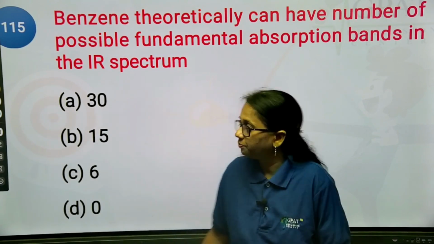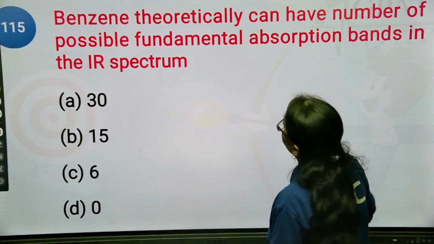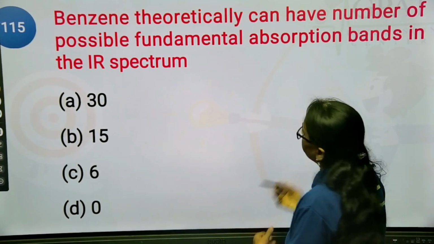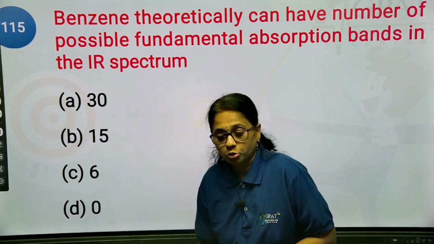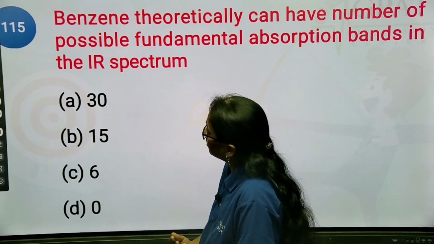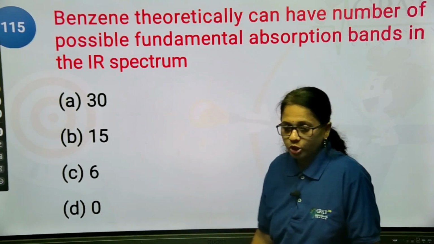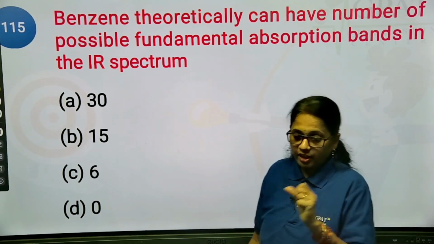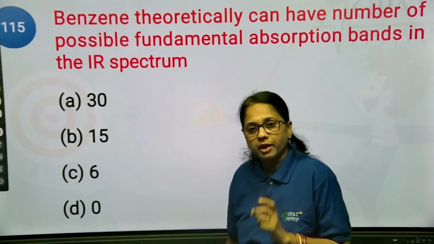So benzene theoretically can have how many possible fundamental absorption bands in the IR spectrum? Oh, the question is related to IR spectroscopy. In this, what they have asked is, for the benzene molecule, how many possible fundamental absorption bands can it give.